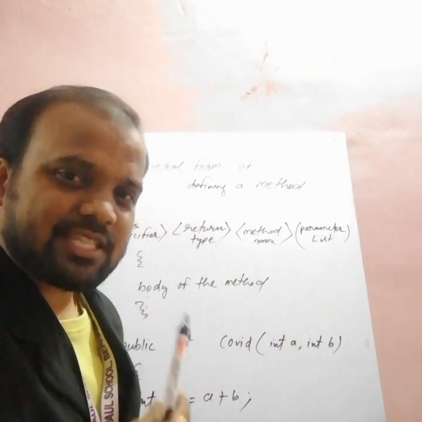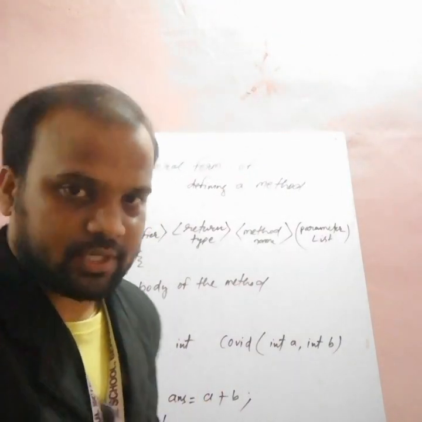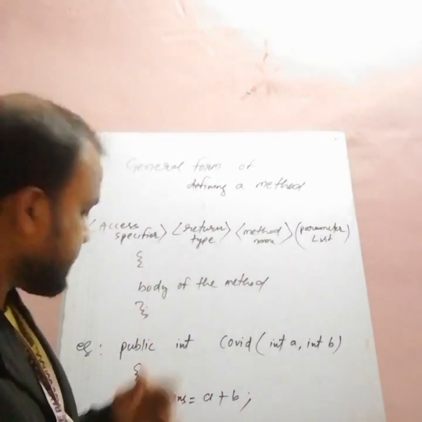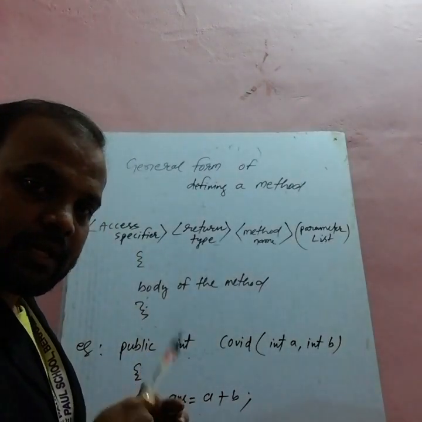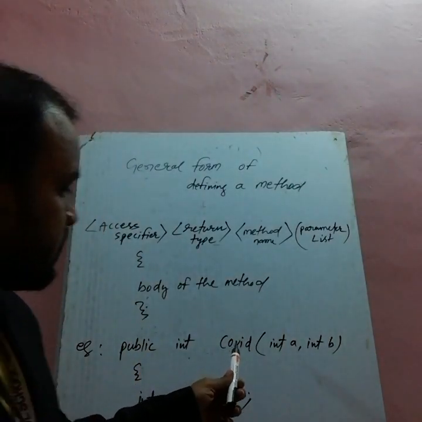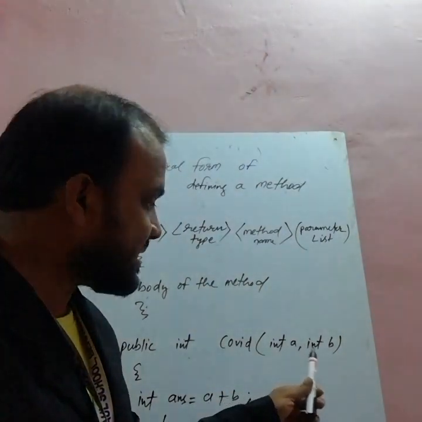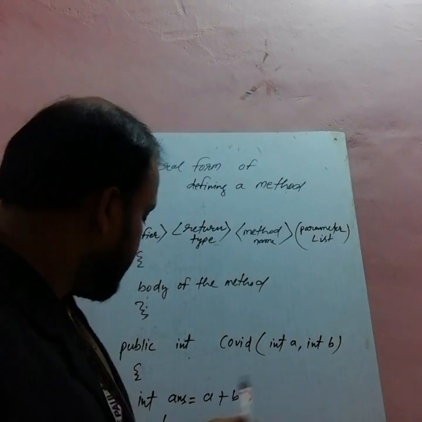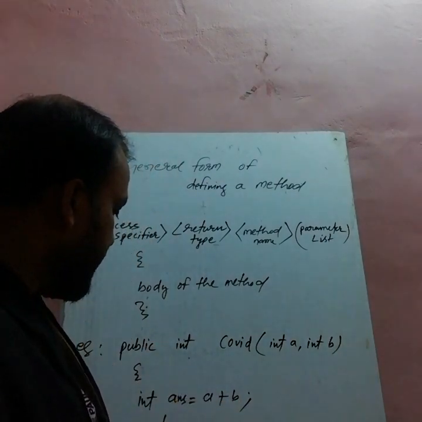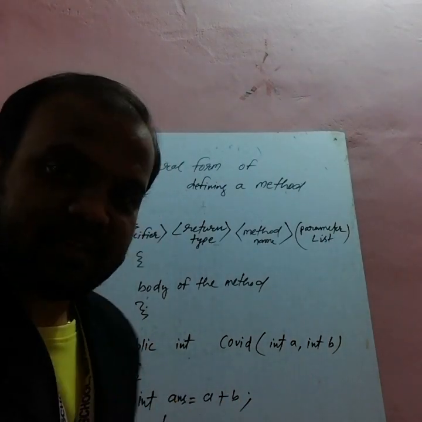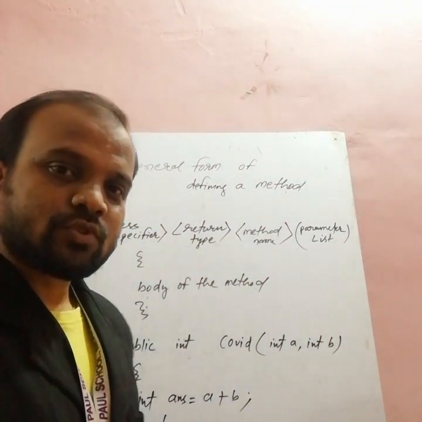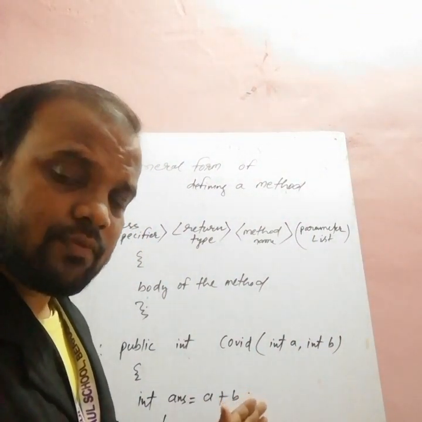For example, access specifier: public, private, protected. For example, public int, and the method name is sum, parameters are int a, int b. int s = a + b; return s. So this is an example of declaring a function.